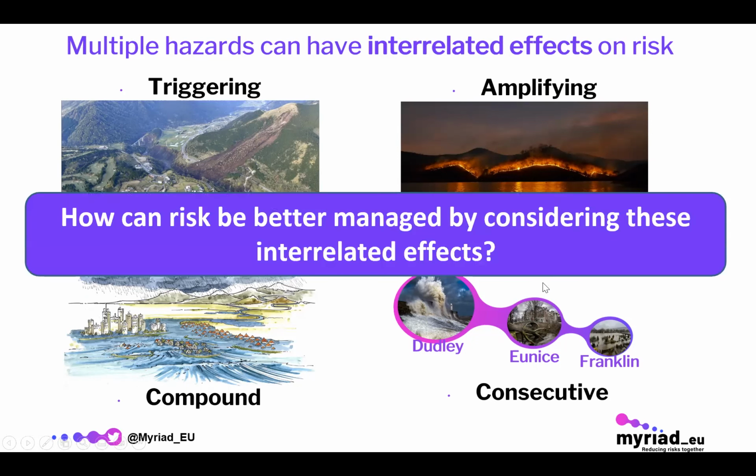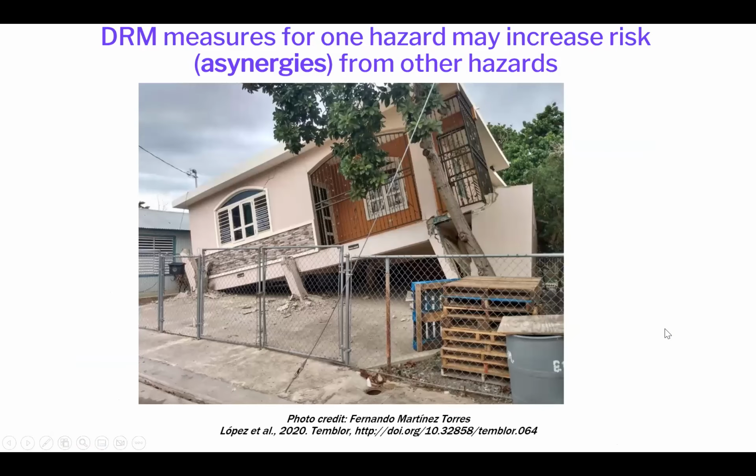And so within MYRIAD, what we're interested in is really looking at how can risk be better managed if we actually consider these kinds of interrelated effects. We also know that disaster risk reduction measures that one takes for one hazard might actually cause an increase in risk from other hazards, so-called trade-offs.